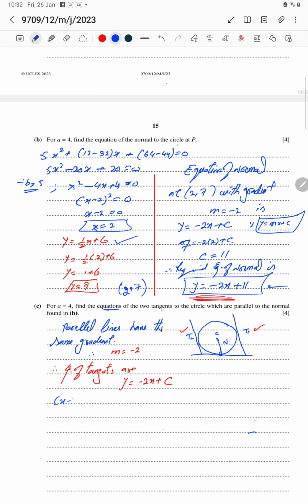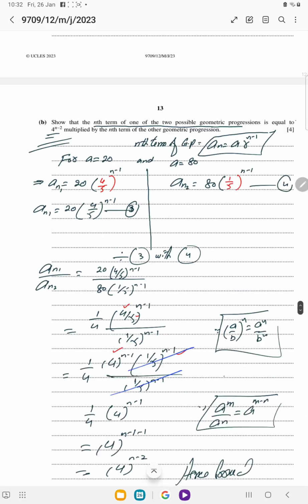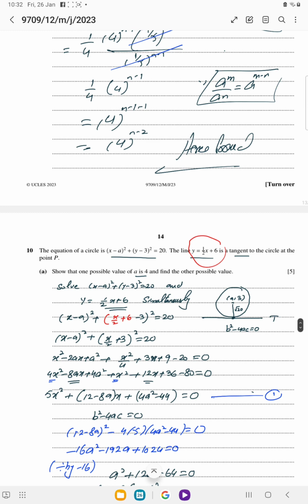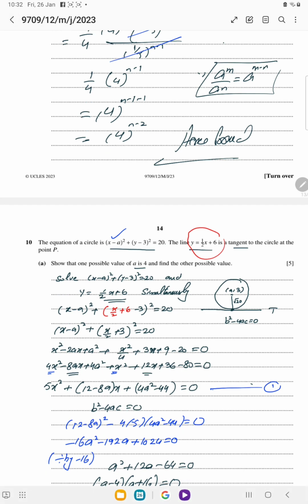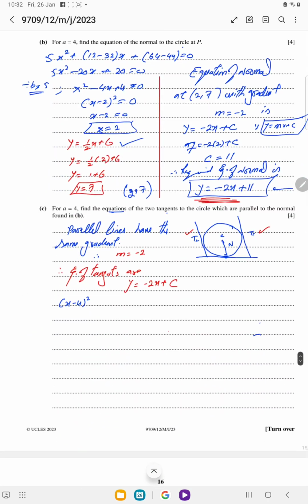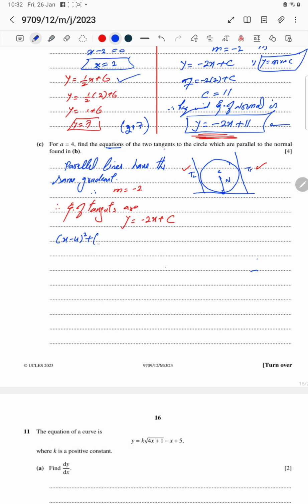The equation of the circle, x minus, that was what, 4 whole square, as we can check it again. Yes, a was 4, so x minus 4 whole square plus y minus 3 whole square equal to 20.